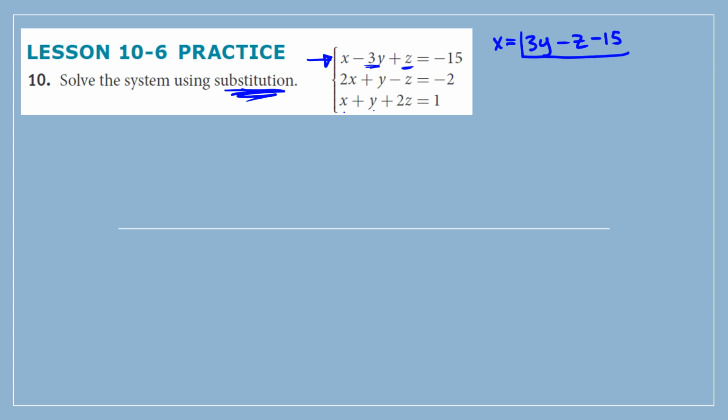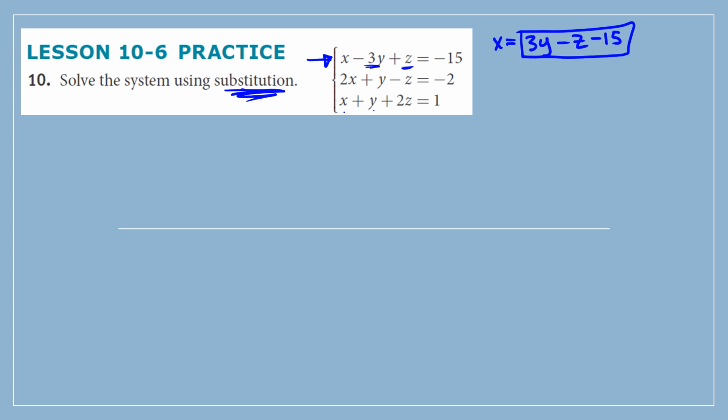So here's what the variable x equals. Then I could take that and plug it into one of the other equations to get an equation without x in it, right?